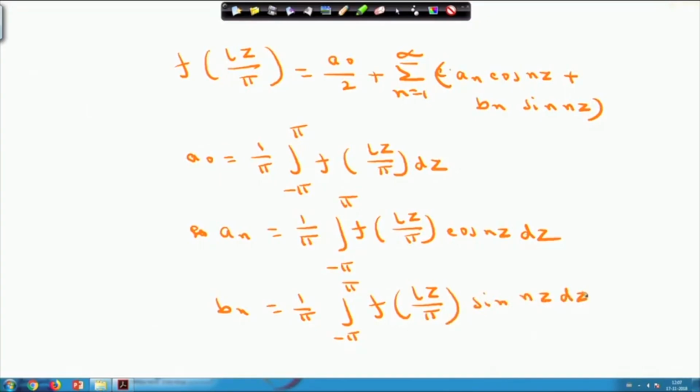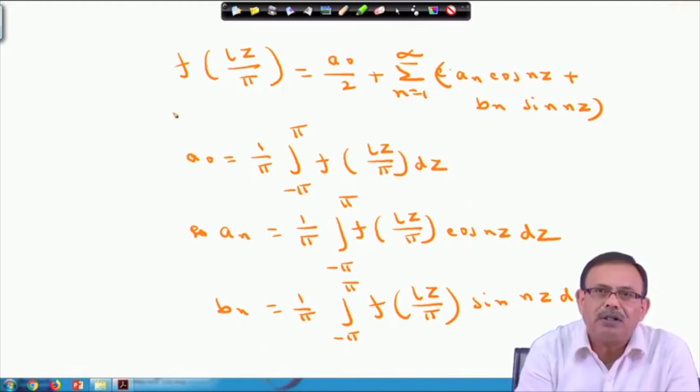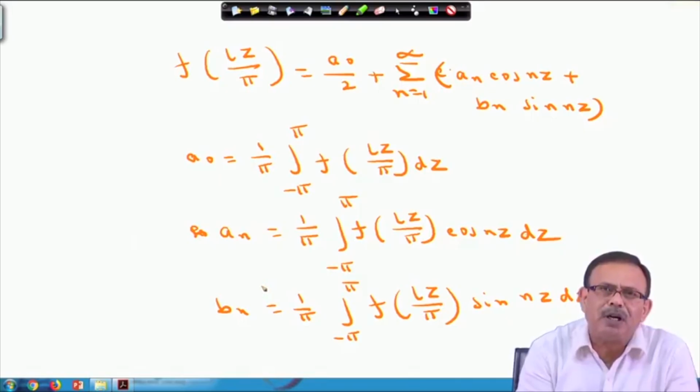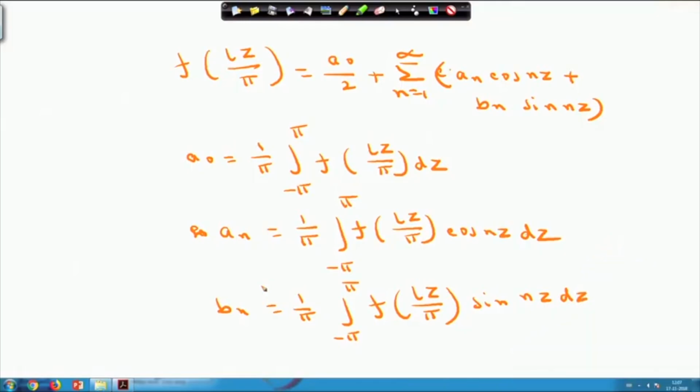Before this, I wrote the Fourier series of capital F(z). Now, in this slide, you see I am transforming capital F(z) into f of L z by pi, and after this what I will do?